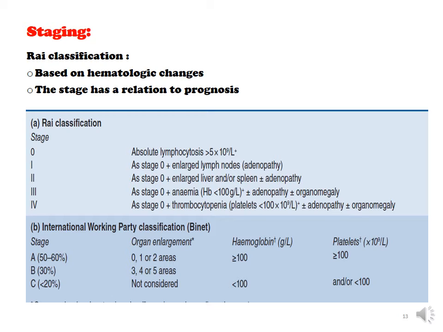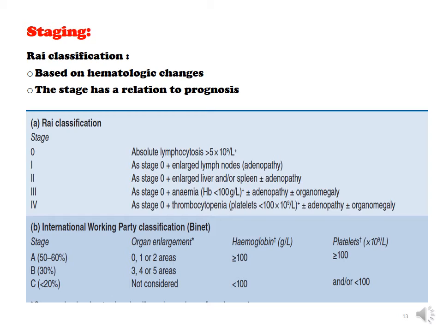For the Rai, we have 5 stages: stage 0, and 1, 2, 3 and 4. Stage 0 presents with just the absolute lymphocytosis, which we have mentioned, more than 5,000. That's the only presentation the patient should show so that I can diagnose that he has CLL. So this patient mostly has nothing except absolute lymphocytosis and no other problems.